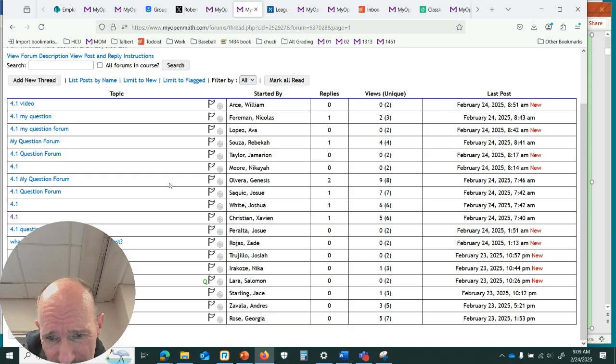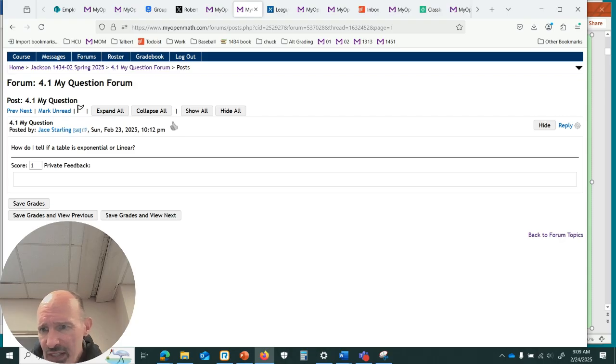How do I tell if a table is exponential or linear? It's very basic, but you're looking at a table and you don't really know what you're looking at.